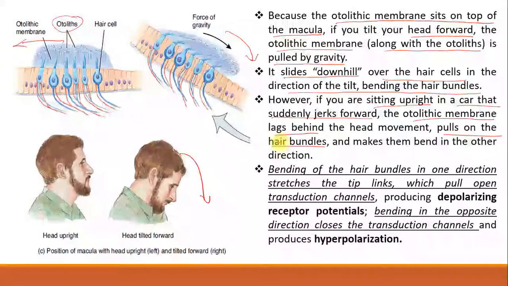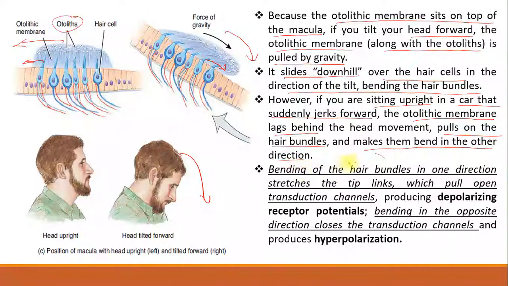So it pulls on the hair bundles. When it lags behind, it will pull on the hair bundles and make them bend in the other direction. In this condition, the hair bundles will bend in this direction. In the other condition, like sitting in a car with a sudden jerk, the hair bundles will be pulled in this direction, opposite to the tilt.